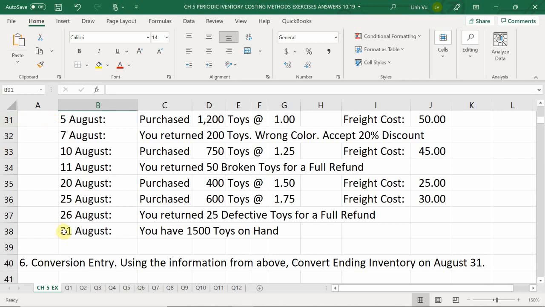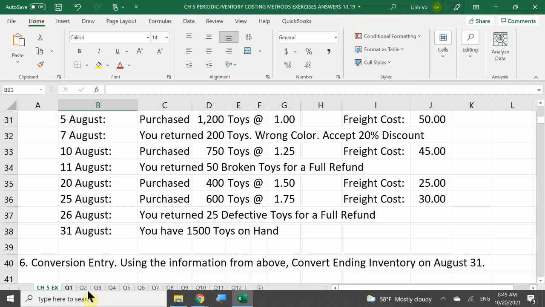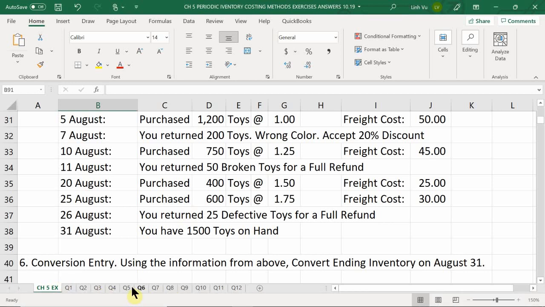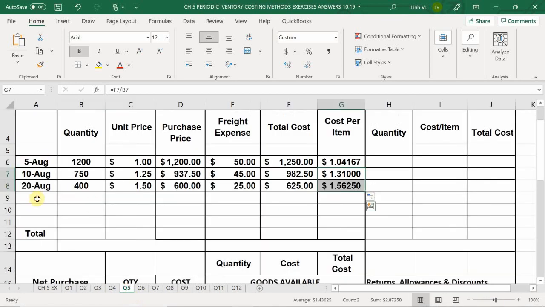So then on August 25th, we end up purchasing an additional 600 toys at $1.75 with a freight of 30.